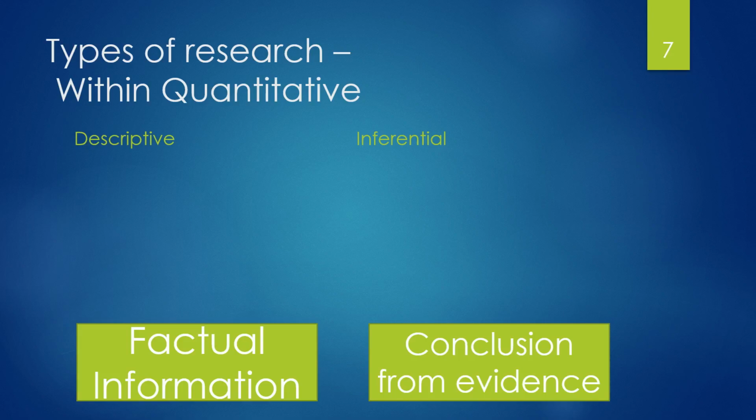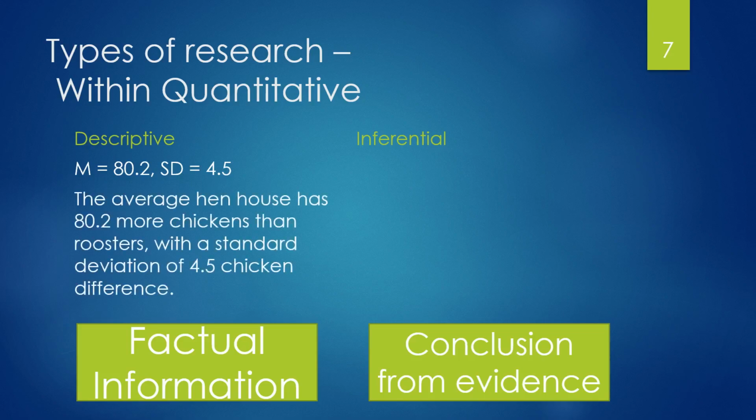You could get means and standard deviations. Like 80% of people use flashcards with a standard deviation of 4.5, so somewhere between 75 and 85% of students use flashcards. In reference to the chicken example, you might get a descriptive report like this. The average hen house has 80.2 more chickens than roosters with a standard deviation of 4.5 chicken difference.